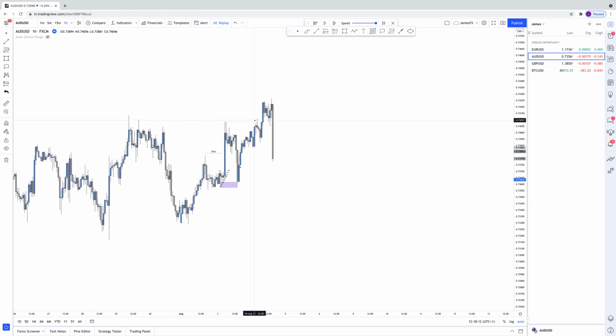Then what we're expecting is manipulation, so for price to reverse, which it did in the form of tapping into this candle here. So we have a sub break of structure from this high. We hit that high, wick above it, tap back, and then we actually went higher.